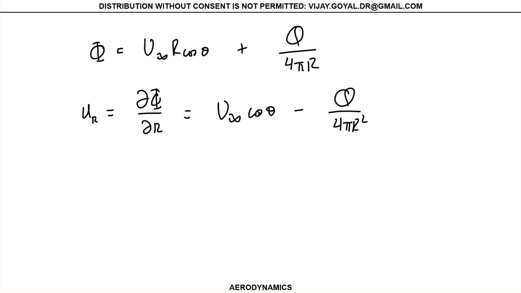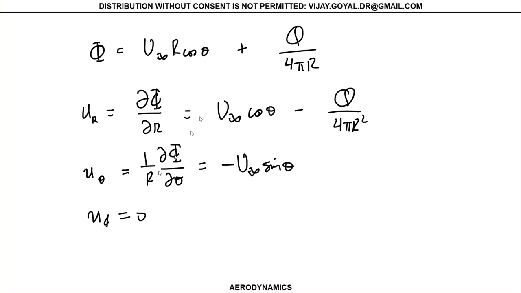That is your radial velocity. Your velocity in theta, that was 1 over r partial of phi with respect to theta, would give you minus u infinite sine of theta, and then you don't have any other components.